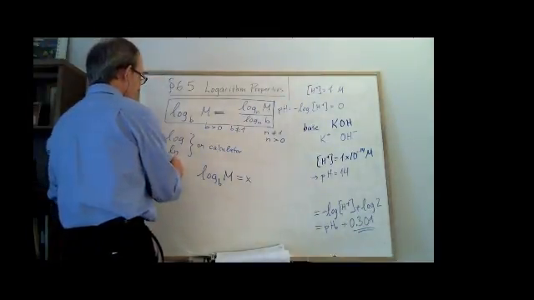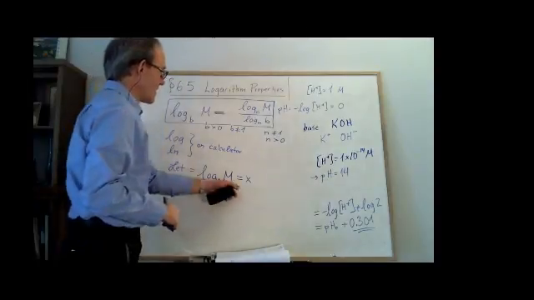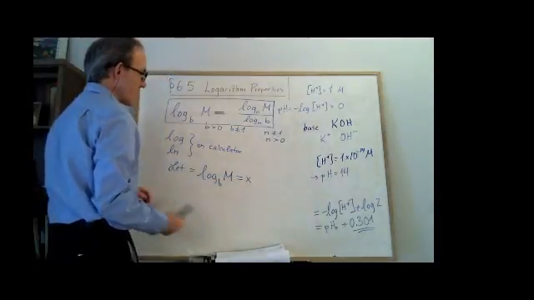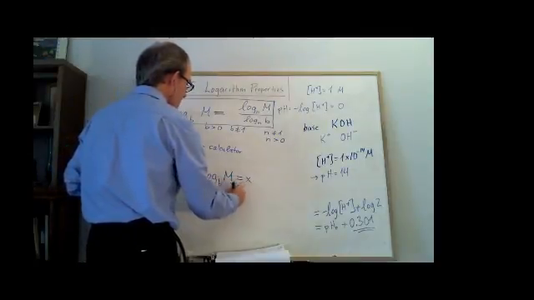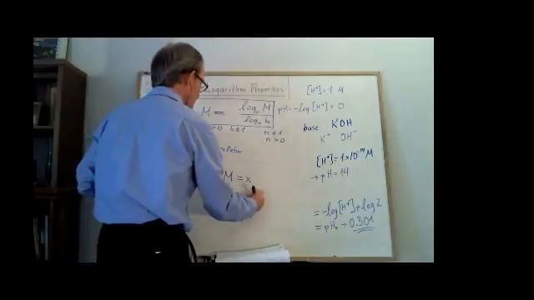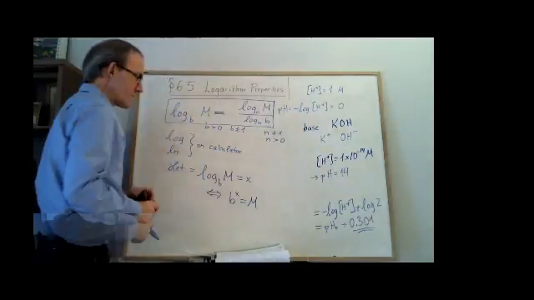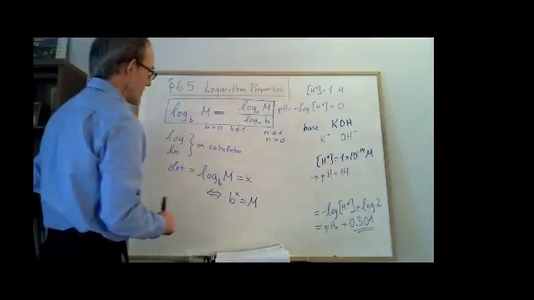Let this whole left-hand side of the equation be designated x. Now I can rewrite this in its exponential form, namely b raised to the power x is equal to m. So that's the exponential form.